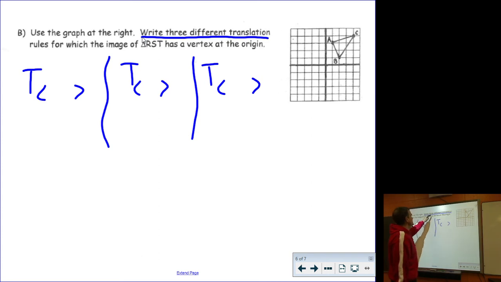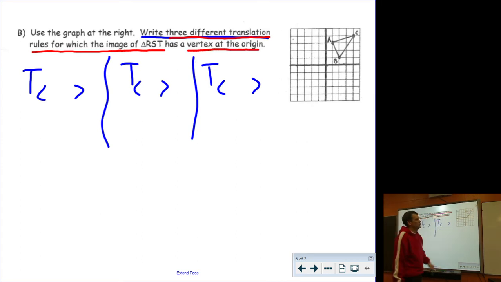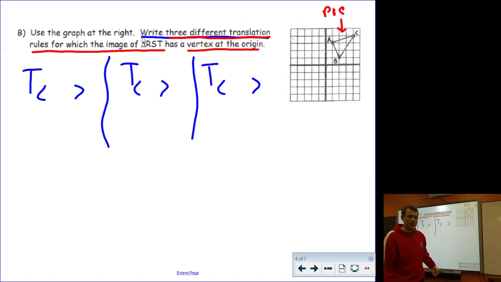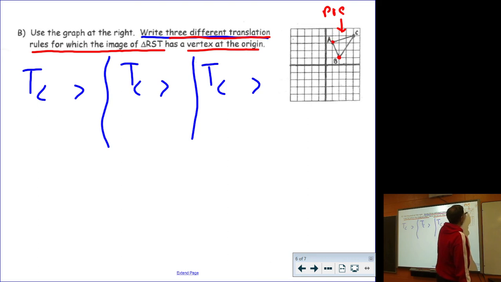I want 3 different translation rules for which the image of RST has a vertex at the origin. Right? This is the pre-image. I want the image to have a vertex at the origin. 3 different rules. Remember, the vertex is the corner of the triangle.